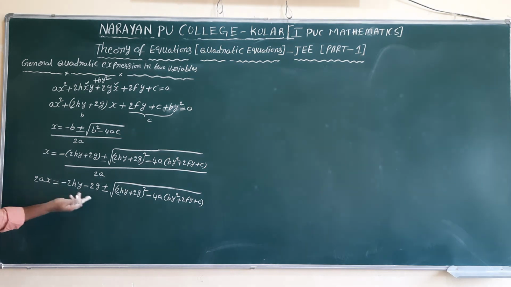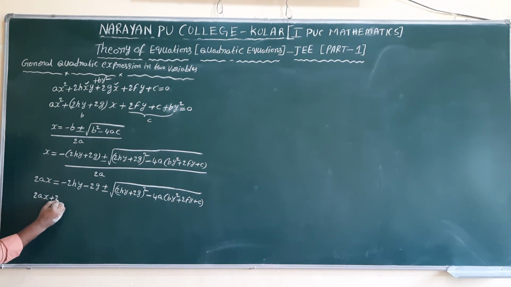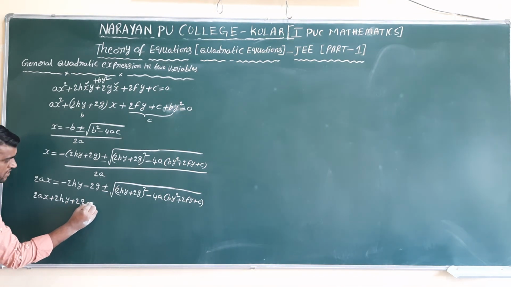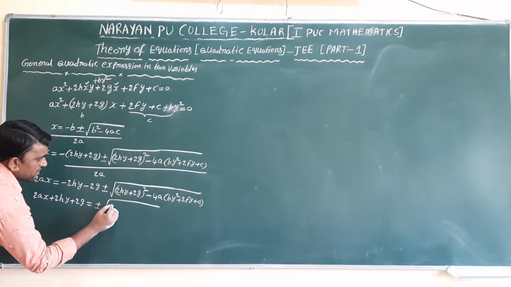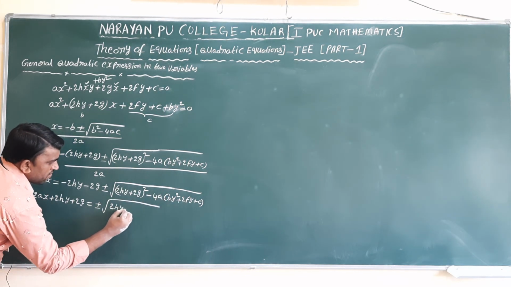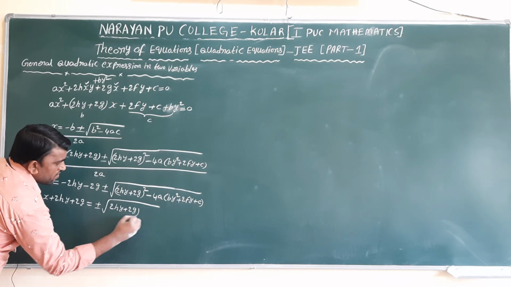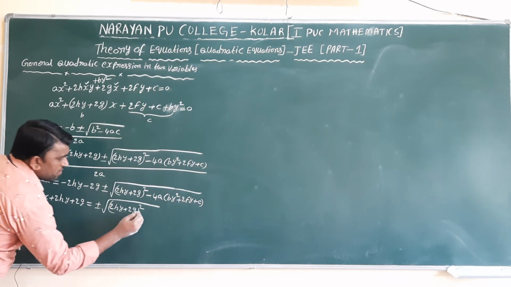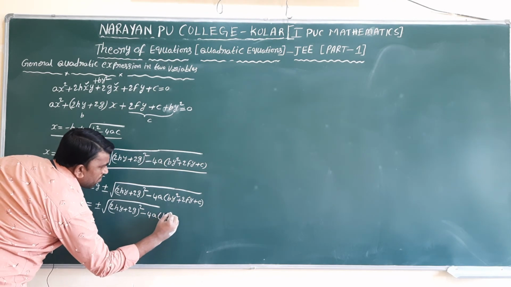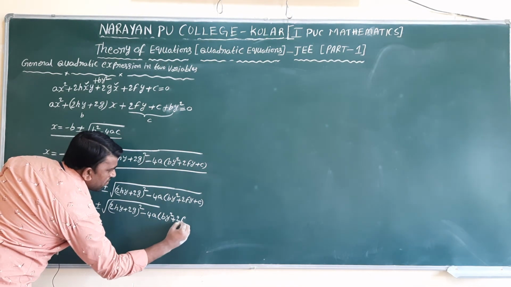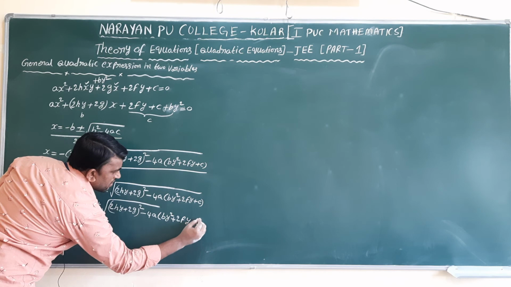So this minus value sent here, 2ax plus 2hy plus 2g is equal to plus or minus this expression. We will get the same expression; no need to simplify this.